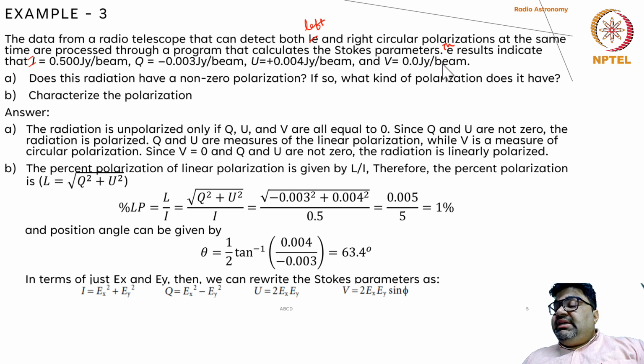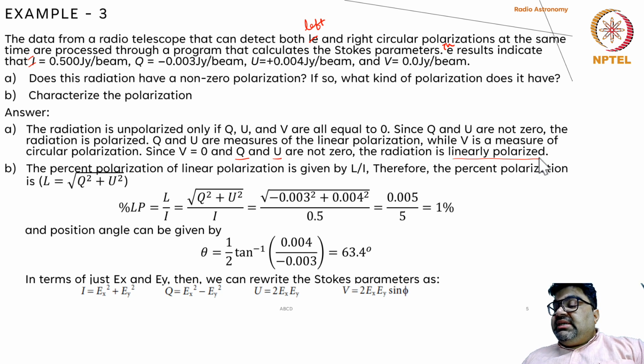The radiation is unpolarized only if Q, U, and V are equal to 0. Since Q and U are non-zero, the radiation is polarized. Q and U are measures of the linear polarization, while V is a measure of circular polarization. Since V is equal to 0 and Q and U are not 0, the radiation is linearly polarized.